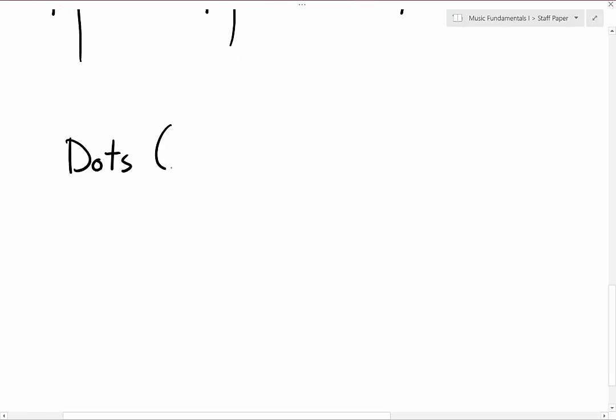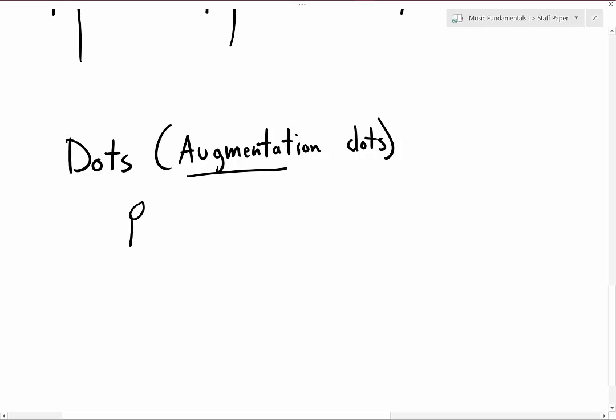Dots are actually called augmentation dots. That's their longer name, because what they do is they take the length of a note and they augment it, they make it longer.